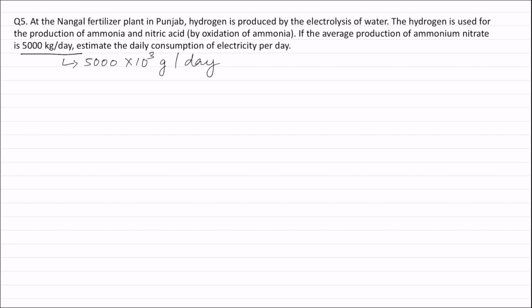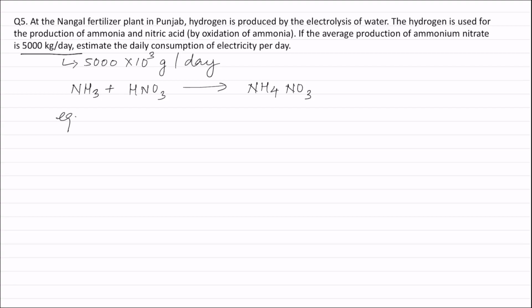The equation for the reaction will be ammonia plus HNO3 forming NH4NO3.